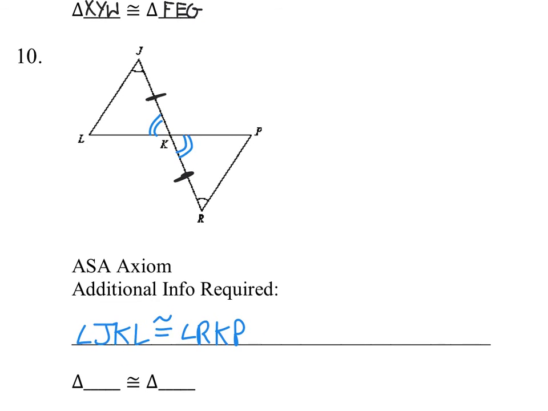So JK would have to be congruent to RK. Now, again, because JKL and RKP are angles within the same triangle, those could also be the name of the triangle. So JKL, RKP. And there it is.